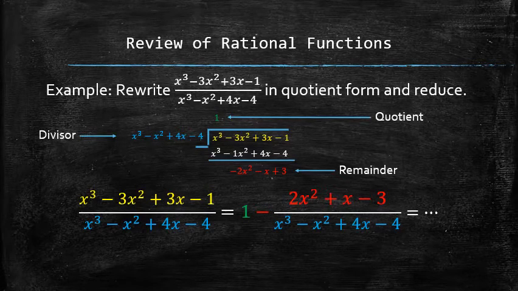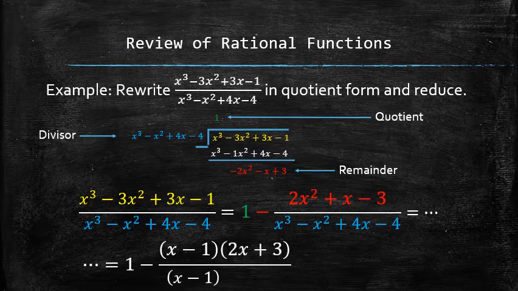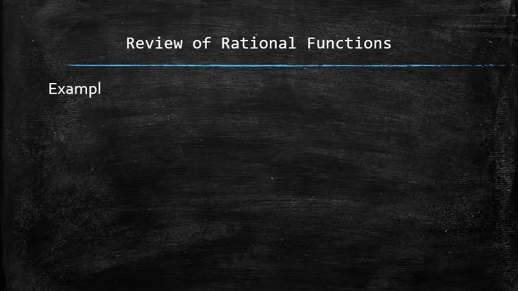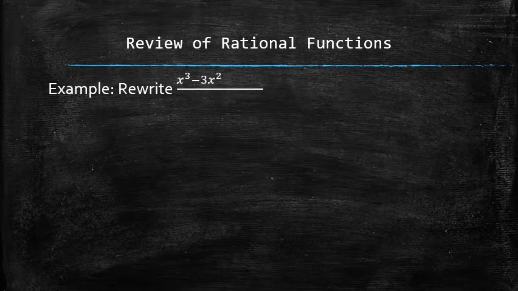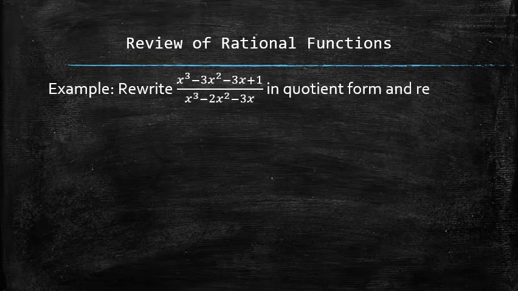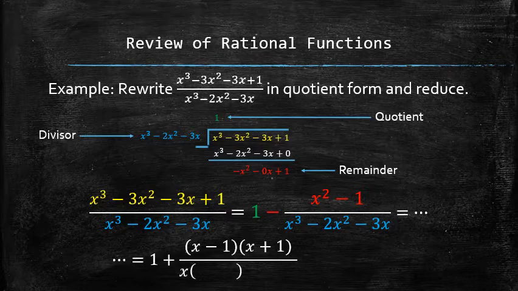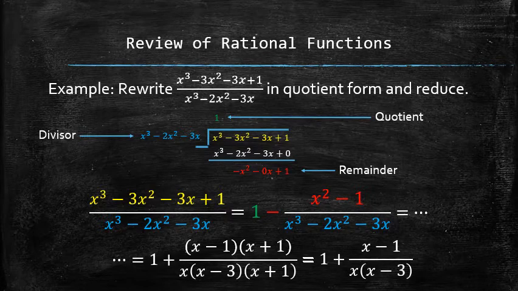We factor the numerator and denominator and reduce by the common factor. Now we conclude that the original rational function is in reduced form. Let's take a look at the last example. We factor the numerator and the denominator and reduce by the common factor. Now we conclude that the original rational function is in reduced form.